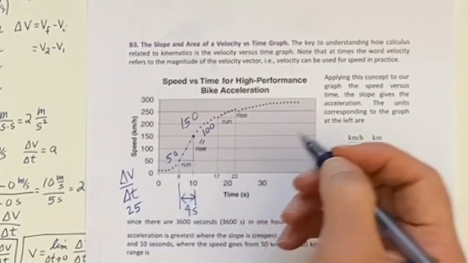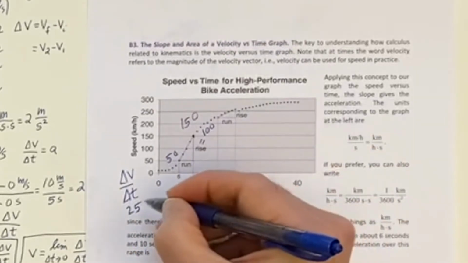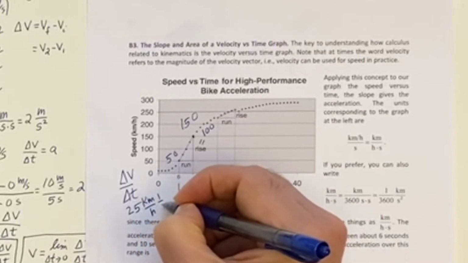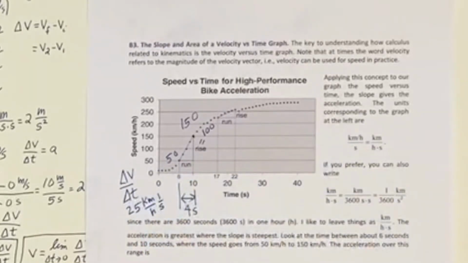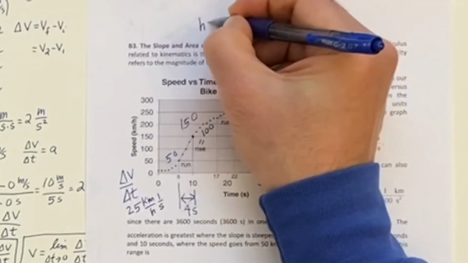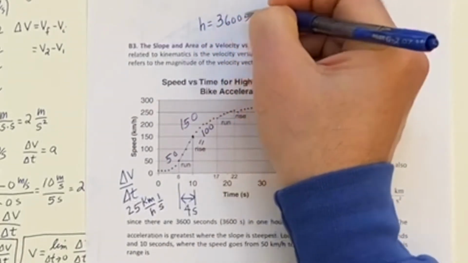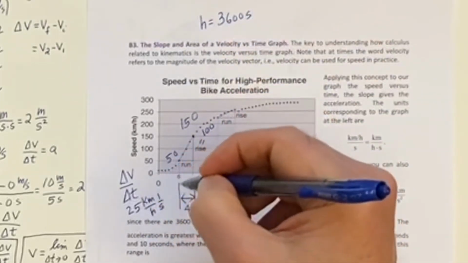It's going to come out as 25 kilometers per hour per second. 25 kilometers per hour per second. And if you want to replace the h, hour, and then you'll get kilometers per second squared.